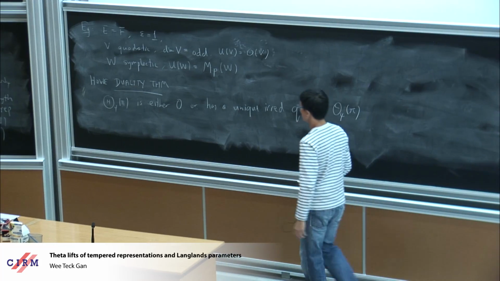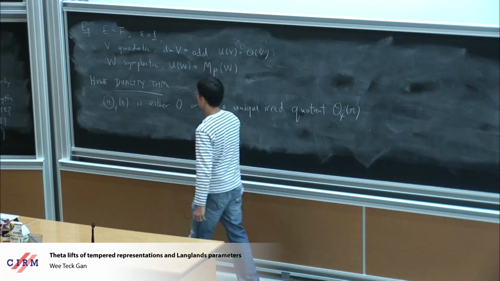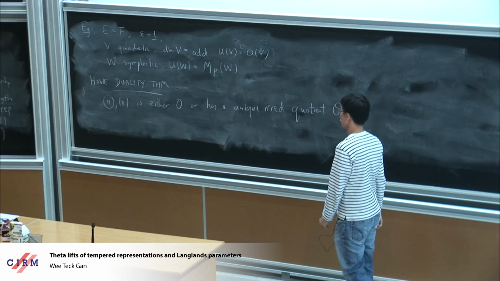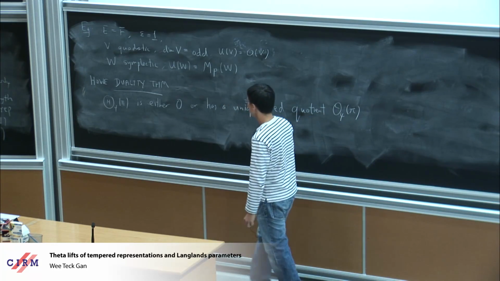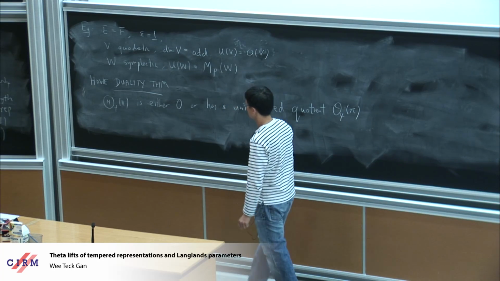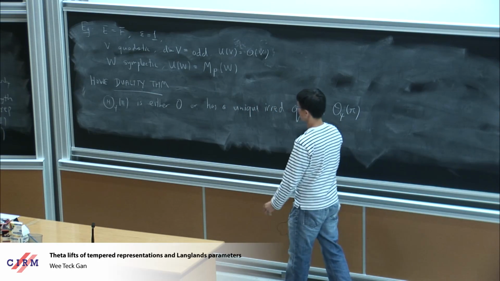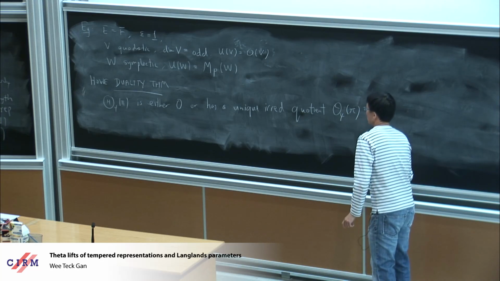I guess this goes back to Howe himself, and Waldspurger and Mœglin did a lot of work on it, and only a couple of years ago it was completed by Takeda and myself. So anyhow, we have this.